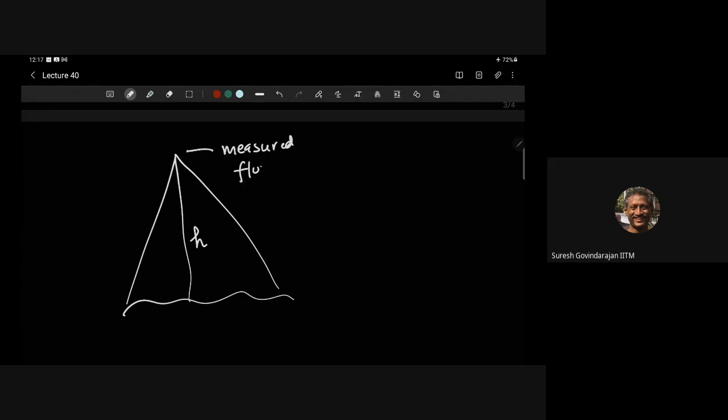and then they measured flux here. Muons are known particles.